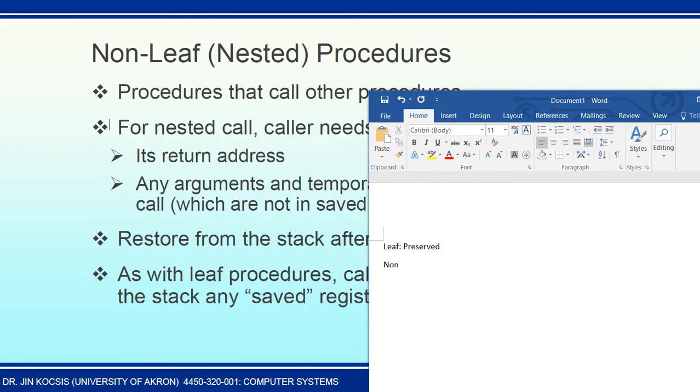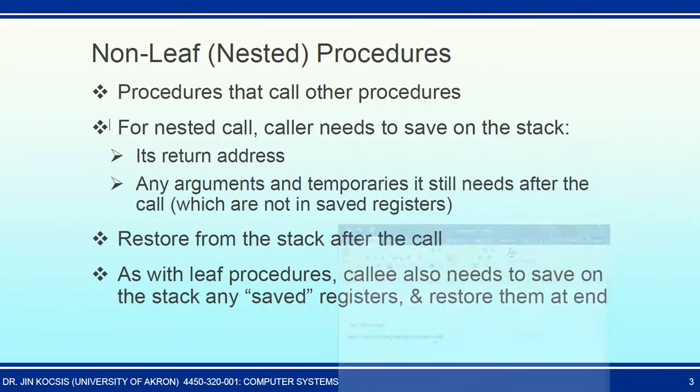If it's a non-leaf procedure, I don't care whether these registers are preserved or not, as long as the register potentially will be touched during the procedure call, in other words, can be touched by the callee, we will push the original value of the register onto the stack.